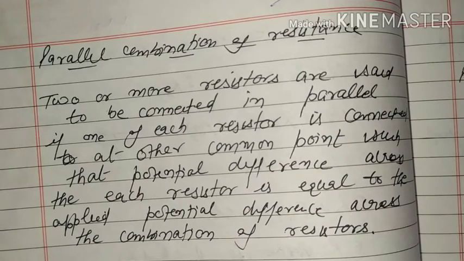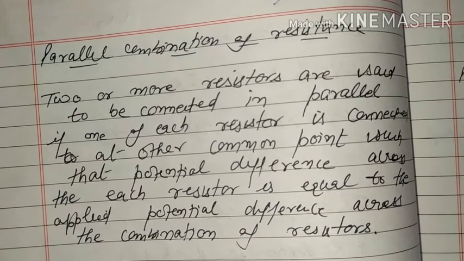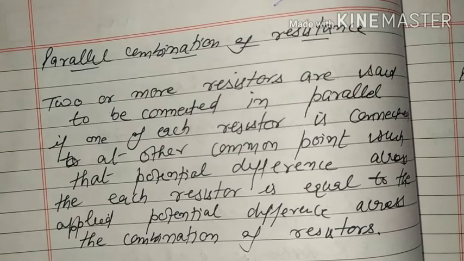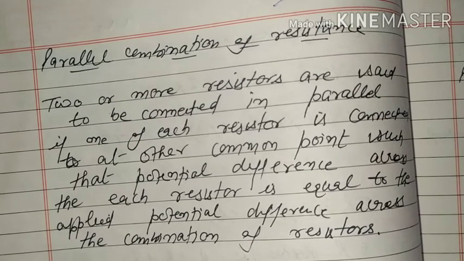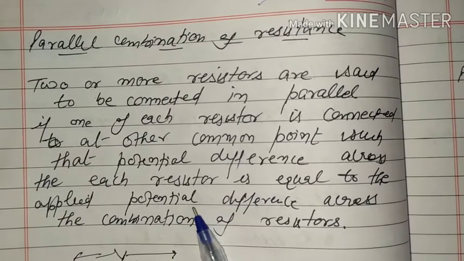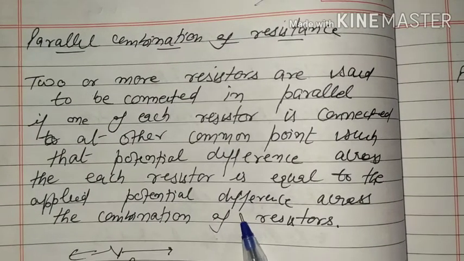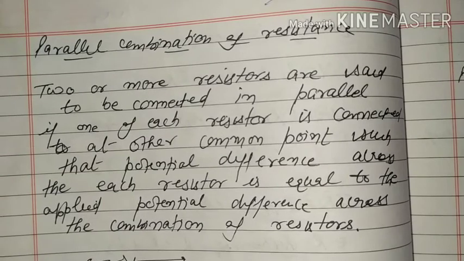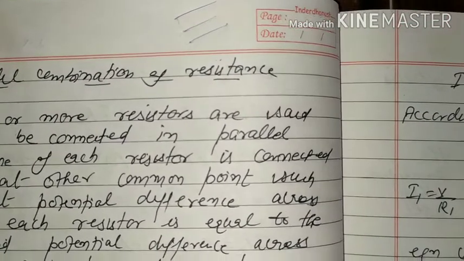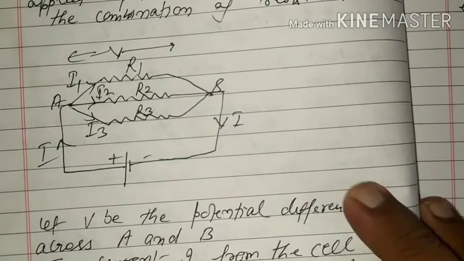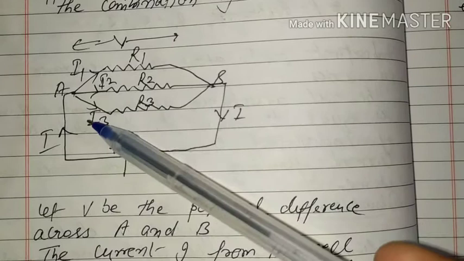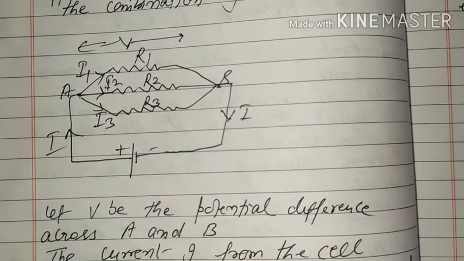Means the end points of all three wires will be common. Okay, the end points will be common. The potential difference across each resistor is equal to the applied potential difference. Okay, now here is the diagram of resistors in parallel. You see R1, R2, R3 are resistors, I1, I2, I3 are the currents, and V is the potential.